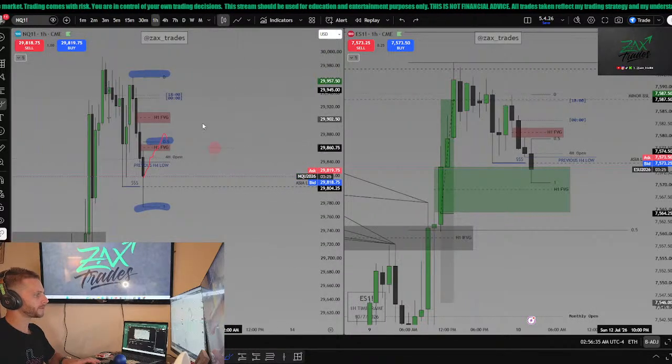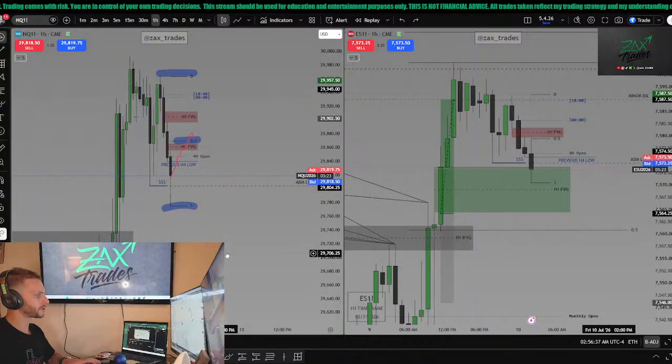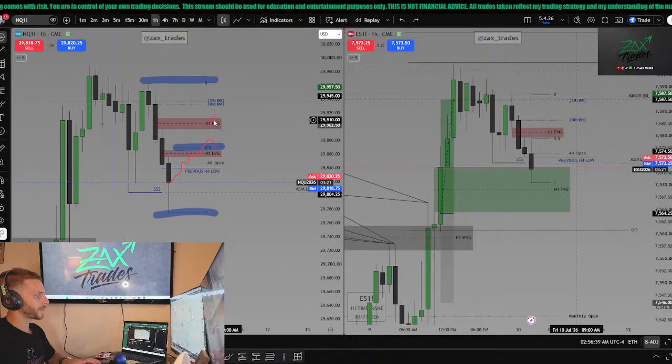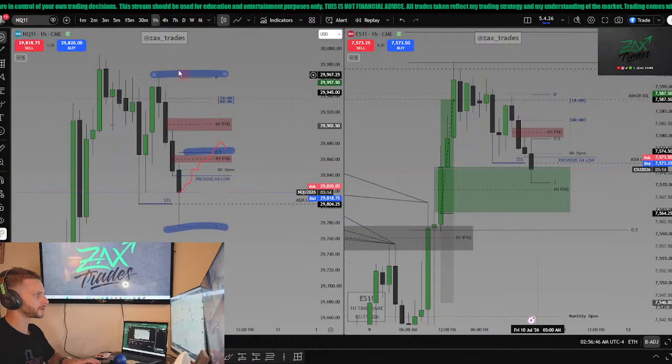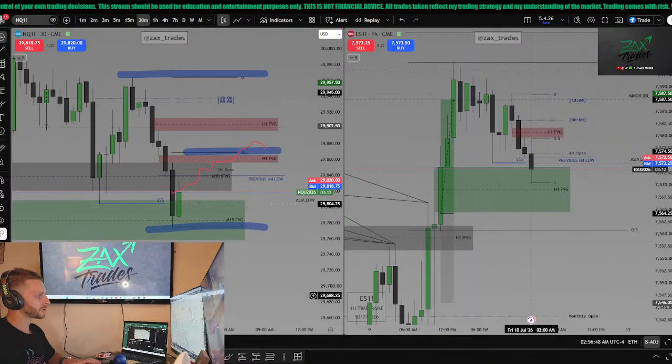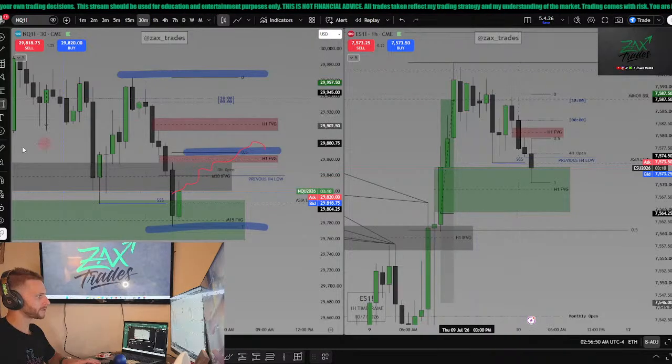So maybe we could say, if the trade works out this way, I don't want to wait till this 1 hour goes inverse because maybe our risk to reward wouldn't be as good. Maybe I'll just use this 30-minute that's in the same spot.